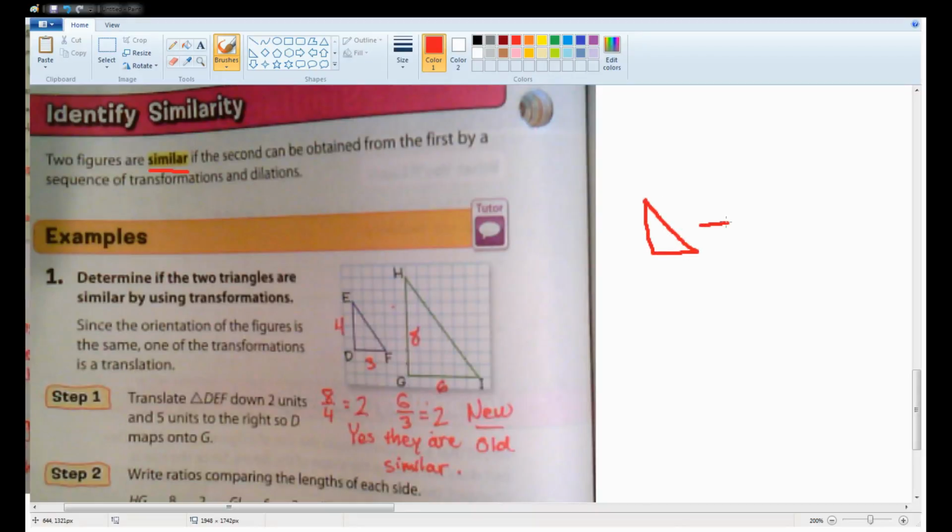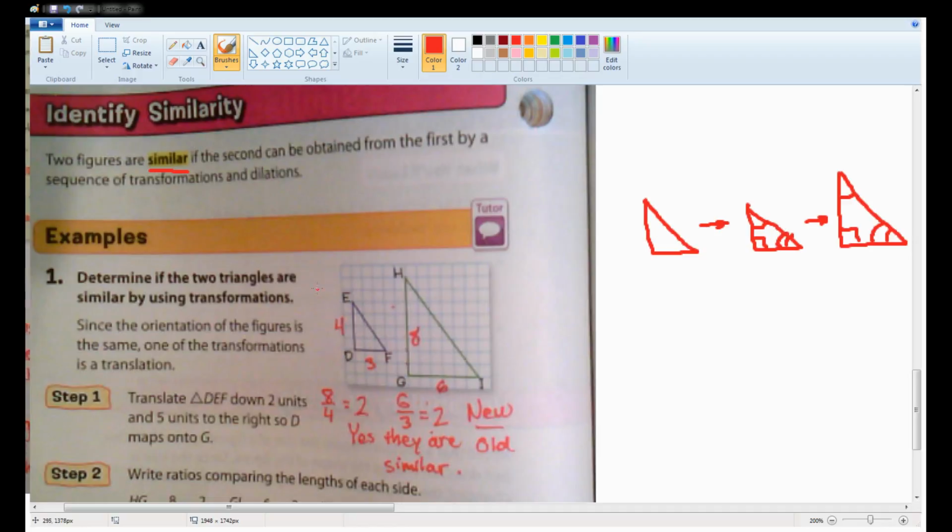So if we translate a shape, it's still congruent. That puts it in a new spot. But then if we dilate it, if we make it bigger or smaller by a scale factor, the angles won't change. We'll still have the same corners, the same 180-degree angles in the triangle. But we will have bigger sides, and they should form a ratio.